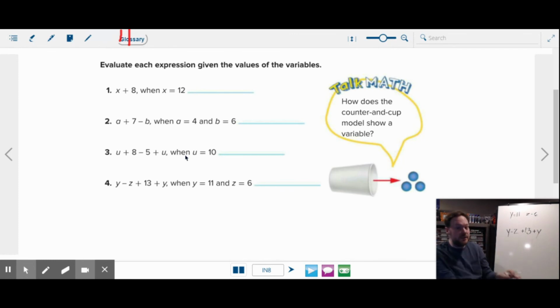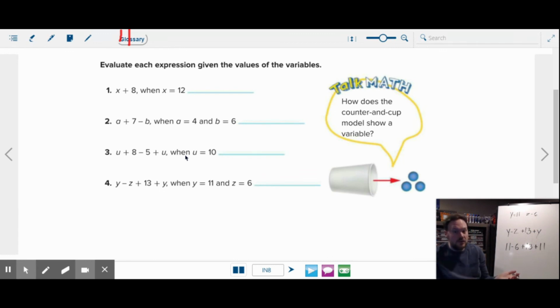Once again, ladies and gentlemen, they give me the values. You're just going to plug them in. So instead of y minus z, now I have 11 minus 6 plus 13 plus y, which is 11. Now I have a new expression. 11 minus 6 plus 13 plus 11.